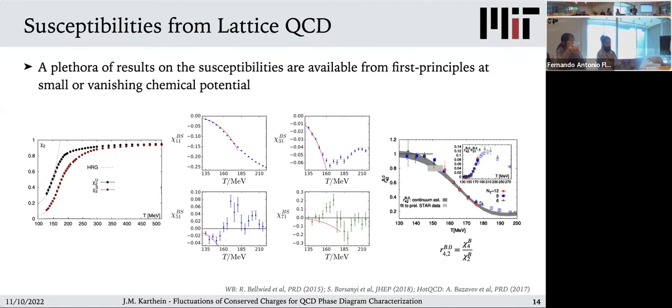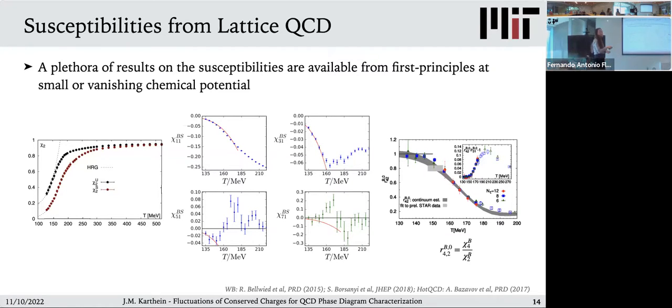So from the theory side, there's a lot of data on these susceptibilities from first principles QCD. For example, if we look at quark susceptibilities, the up quark and the strange quark, we can take their second susceptibility, chi_2^u and chi_2^s, for quite a large range of temperature from lattice QCD calculations.